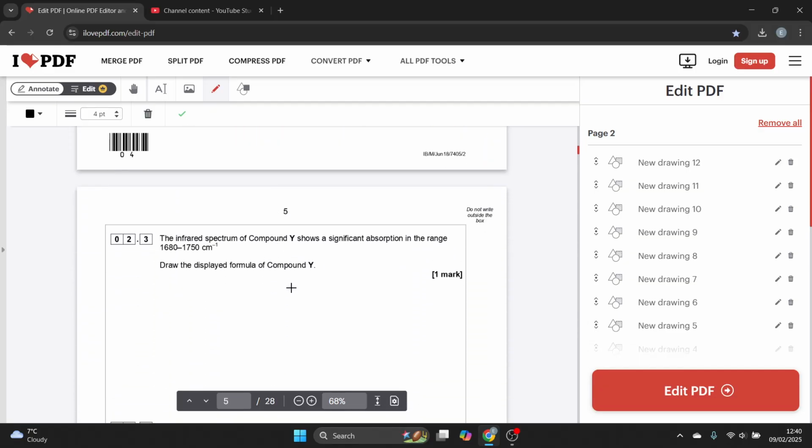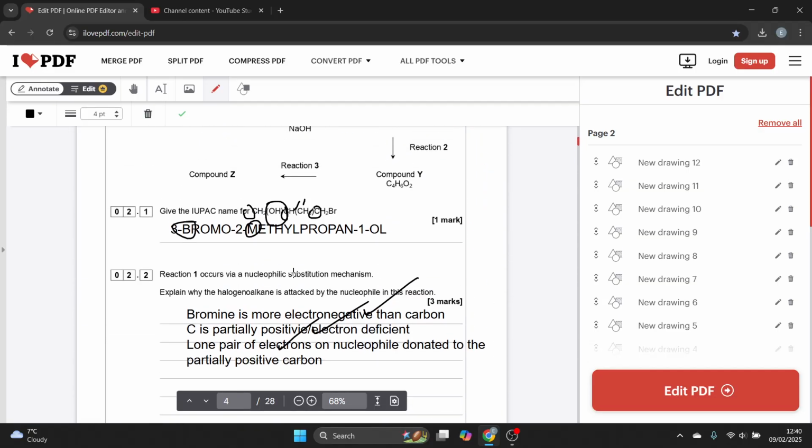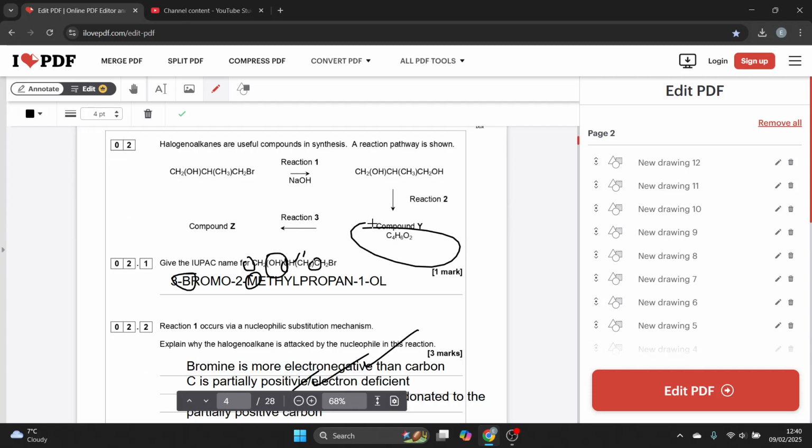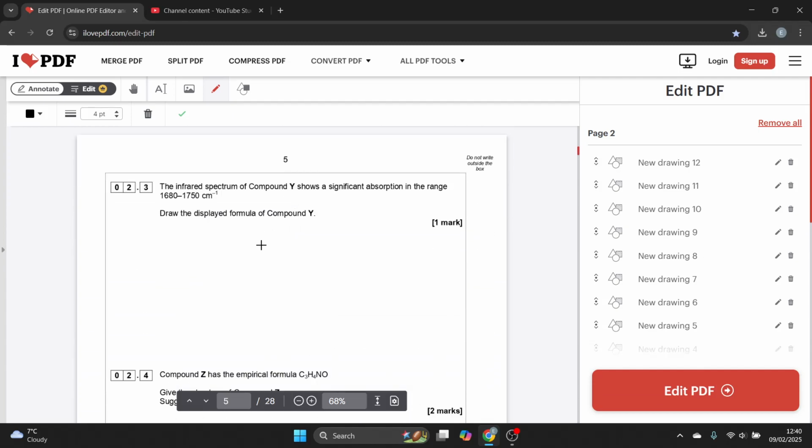Then it said draw the displayed formula of compound Y. Compound Y, C4H6O2. So C4H6O2, bond O here, H here, hydrogen here.